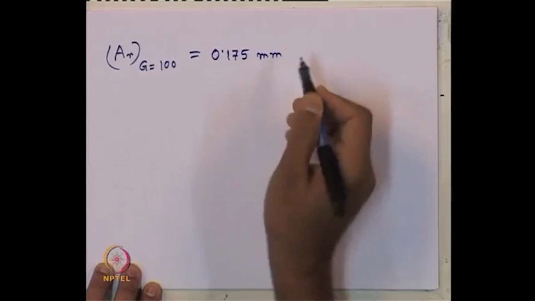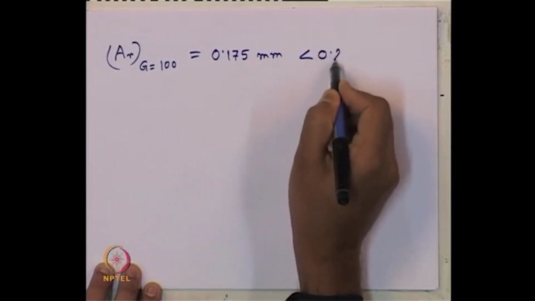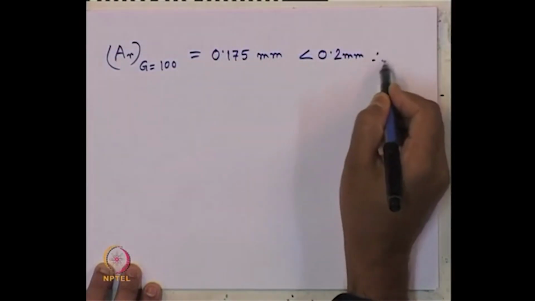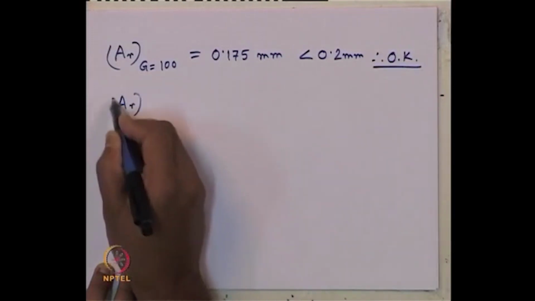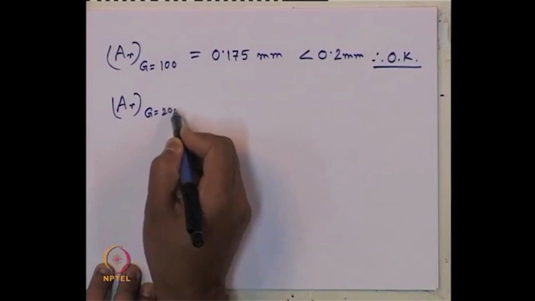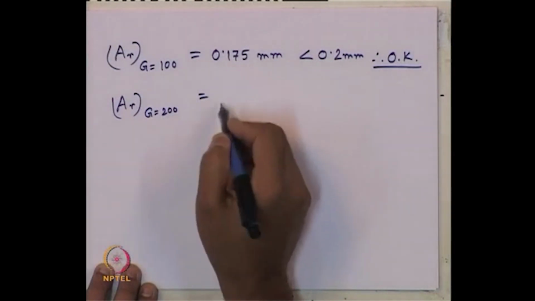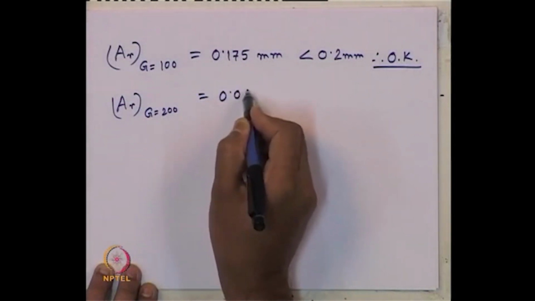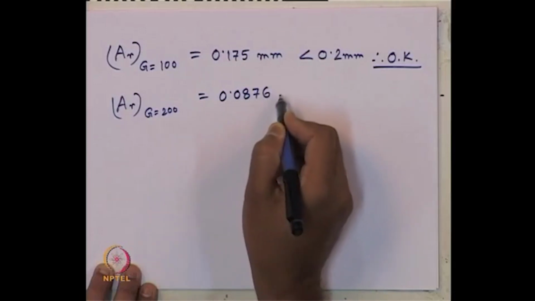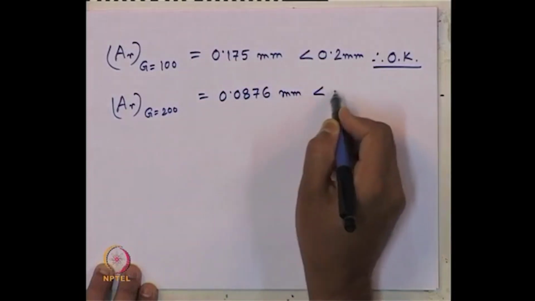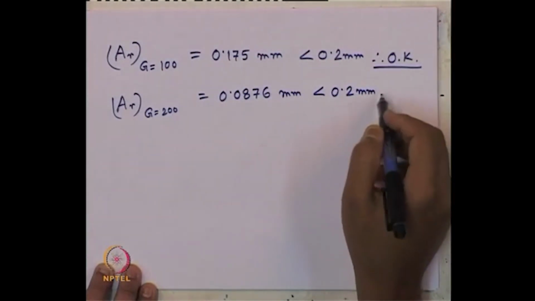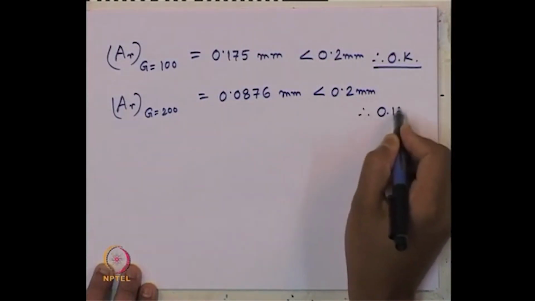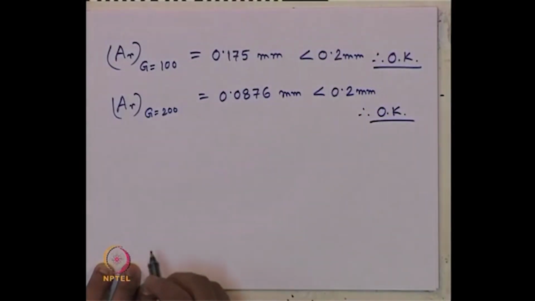So, 0.175 millimeter, which is less than 0.2 mm. Therefore, in this type of soil it is okay, and AR at G equals 200 TSF is half of this, about so much of millimeter, which is less than 0.2 mm. Therefore, this case also it is fine.